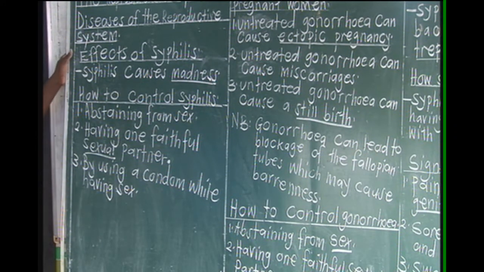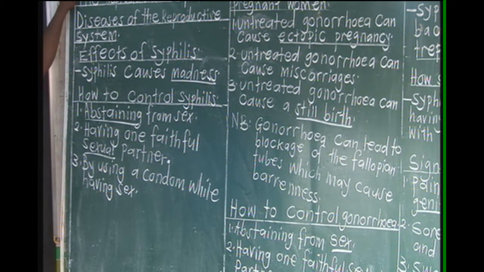But as I said earlier, school-going children should always abstain, because they can ask you, how can a primary 6 child control syphilis? Don't run to having one faithful sexual partner, because you're not supposed to have sexual partners.